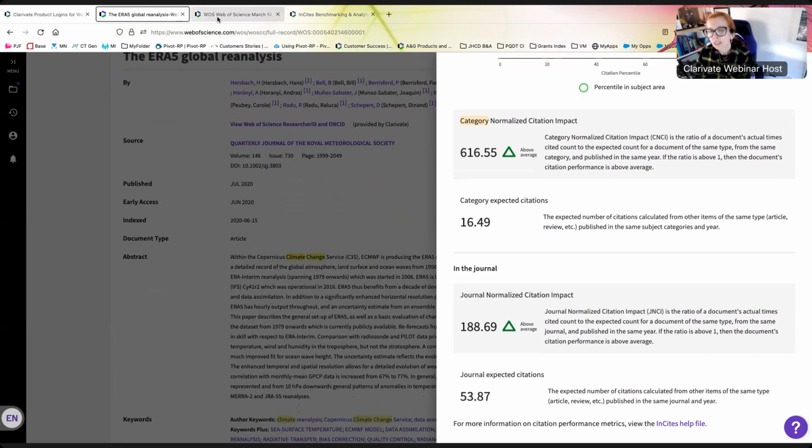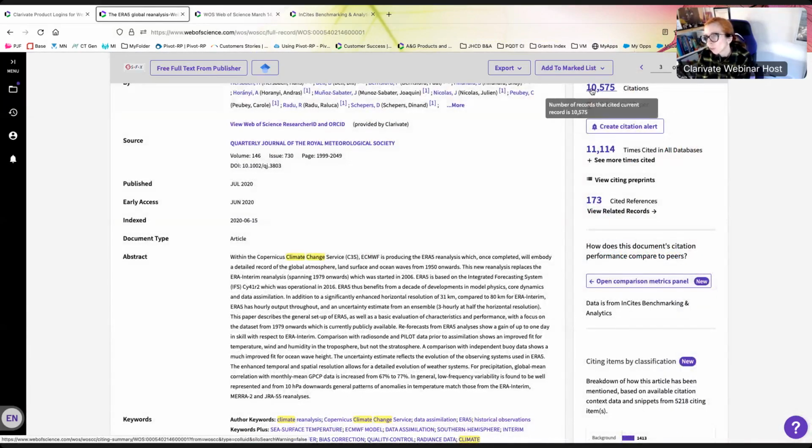I was also showing in the release notes that I put in the chat that if you are subscribing to the Web of Science, but you don't have Insights, Benchmarking, and Analytics, which is a separate subscription, what you would see from this panel is the signs here. You would see if it's above average or under average, you just wouldn't see the number, but it will still help you gauge and interpret how influential having received 10,000 citations is.